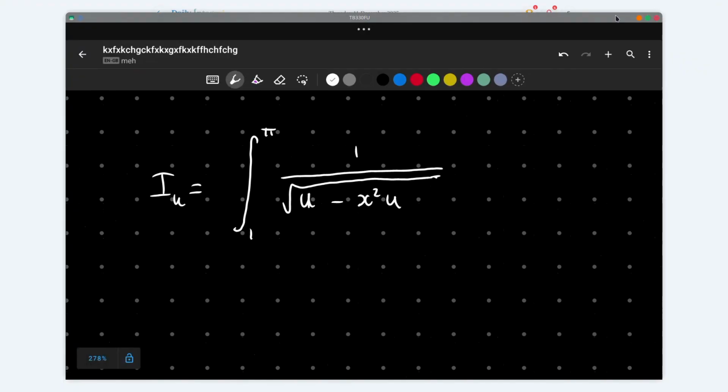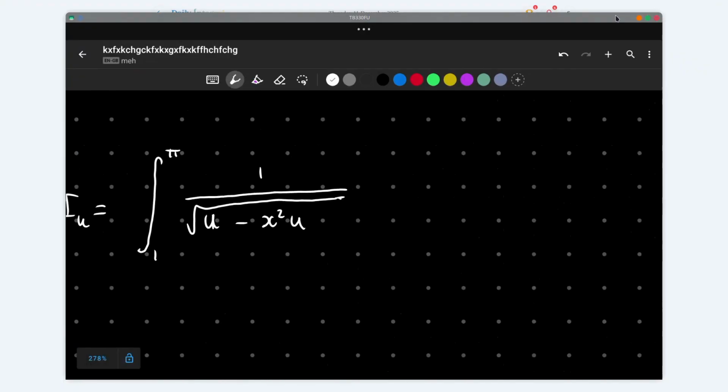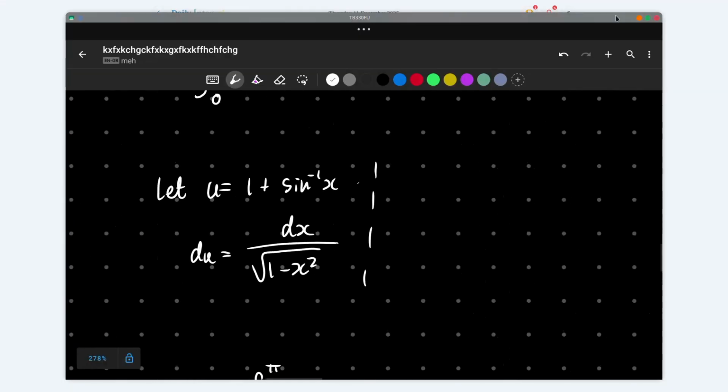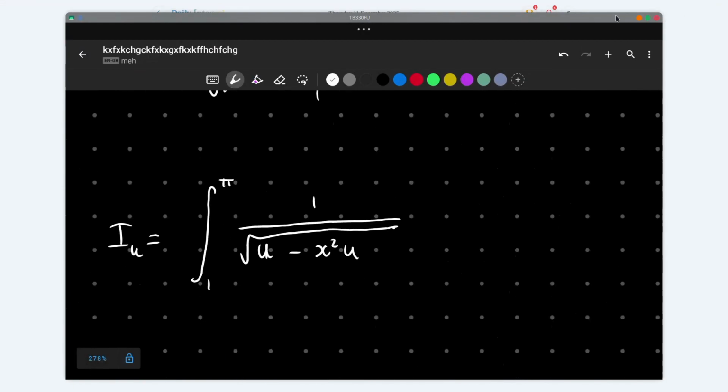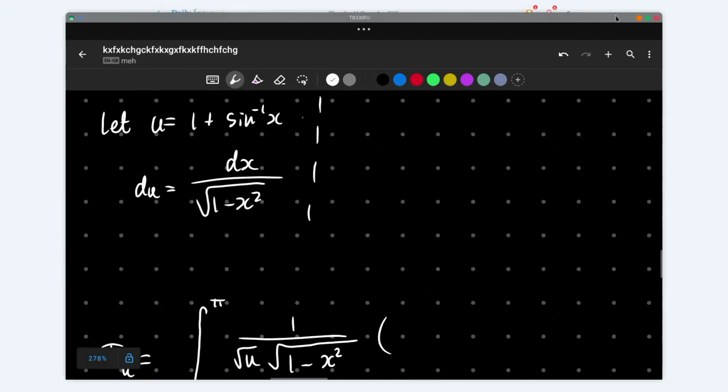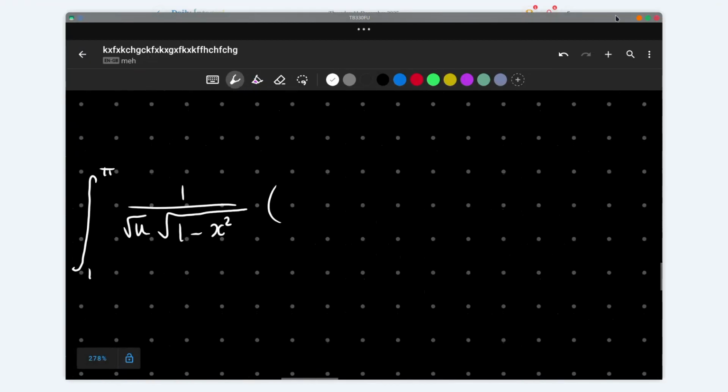You factor out the u, get root u. X squared is the problem. Root u, which cancels because your du is going to be square root of 1 minus x squared.